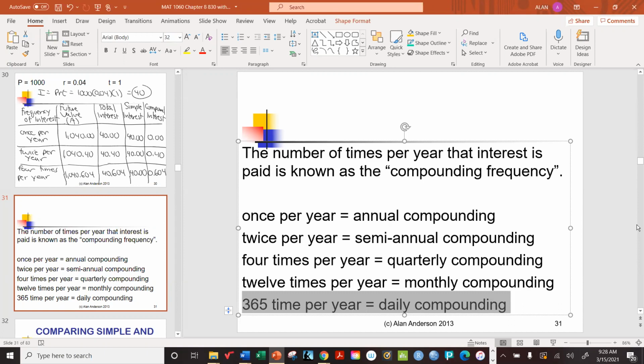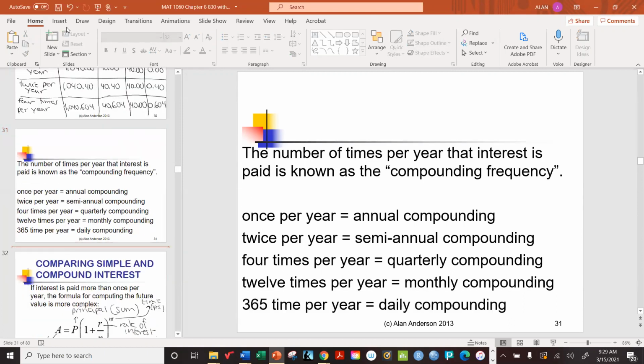Now, I also want to point out, as you can see from our chart, the following relationship between compounding frequency and interest.